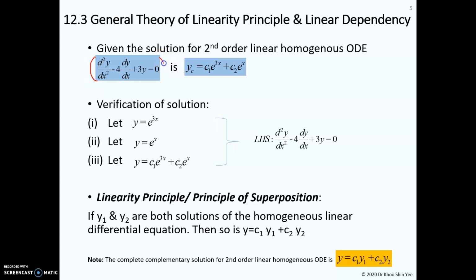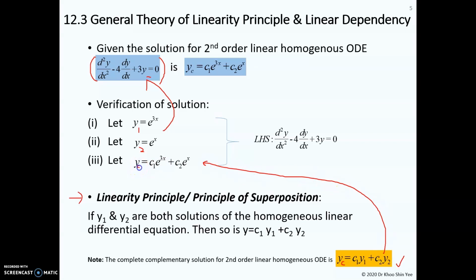Similarly, in this case, you have 2 solutions for this second order linear homogeneous ODE. Based on the linearity principle, we can combine these 2 solutions to obtain the complementary solution using this format. So you can substitute the y1 and y2 inside.